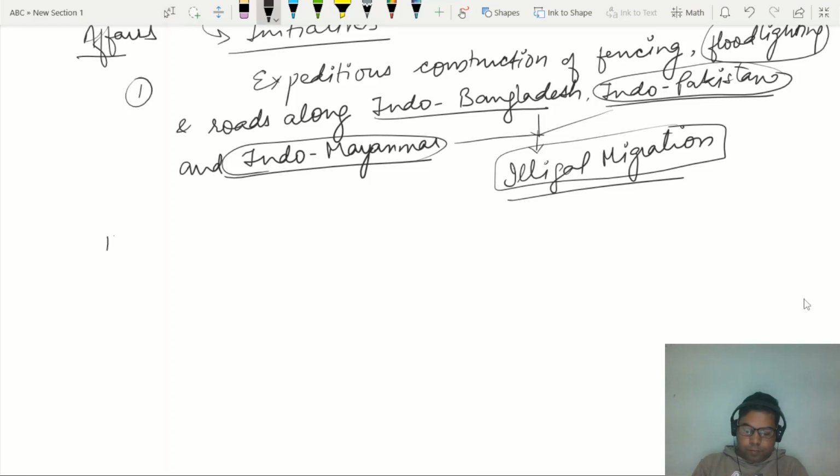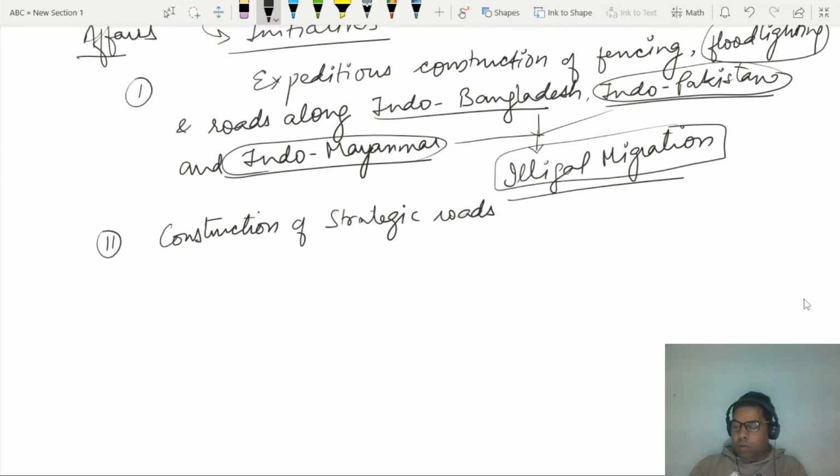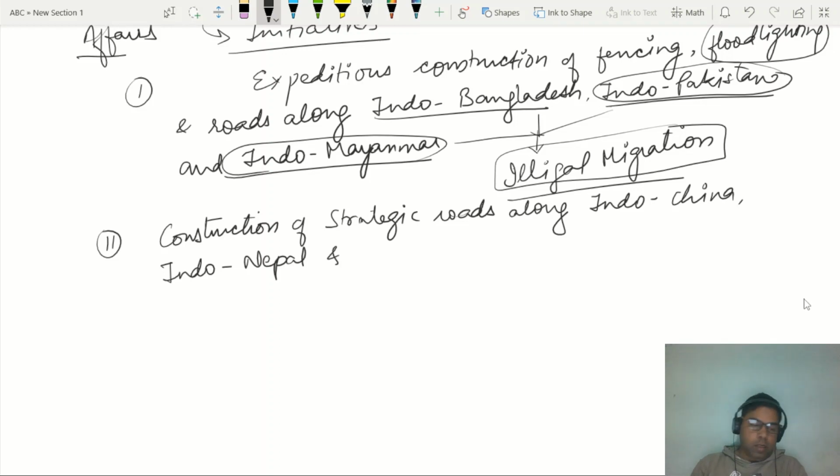Number 2, this is construction of strategic roads along the Indo-China, Indo-Nepal and Indo-Bhutan borders.